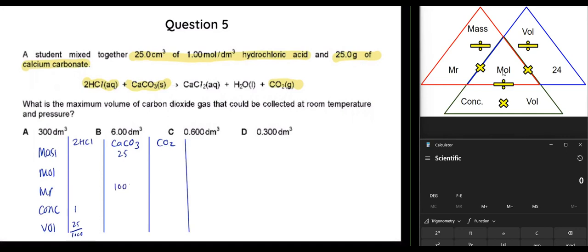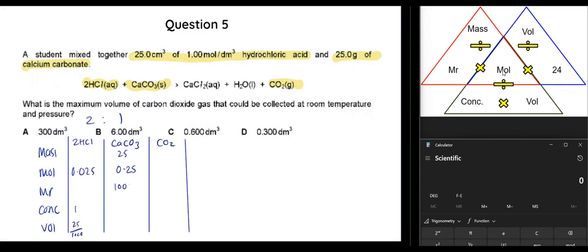Let's work out how many moles of each we've got. So 25 divided by 1,000 is 0.025, and 25 over 100 is 0.25. So the question is, with our molar ratio of 2 to 1, if we wanted to use up all of the calcium carbonate at 0.25, we would need 0.5 moles of hydrochloric acid.